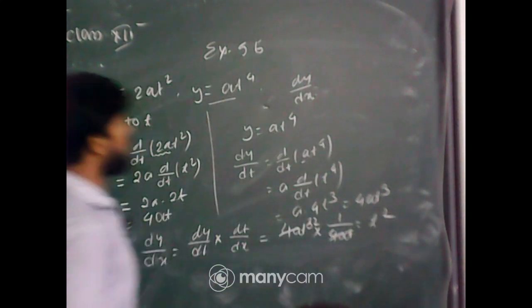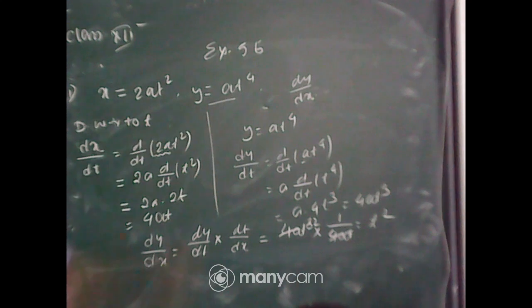So t square is the derivative for the functions x equal to 2at square and y equal to at to the power 4, and hence completed.